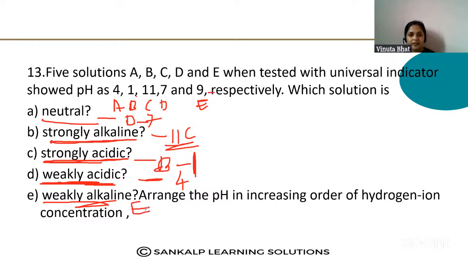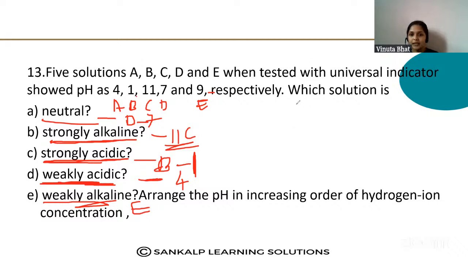Arrange the pH in the increasing order of hydrogen ion concentration. Increasing order of hydrogen ion concentration means we have to write them from basic to acidic.